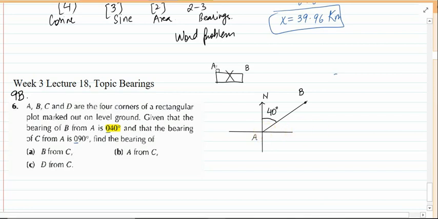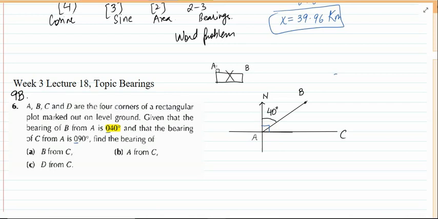I am going to extend this line and let's say this point is C. You have the angle of 90 degrees. So those are my 3 points A, B, C.